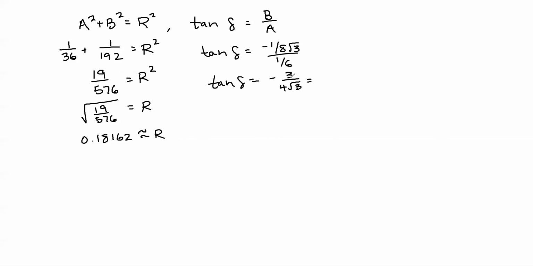And then you could even simplify it further. This is root 3 over 3, so this is negative root 3 over 4. And plug that into a calculator, and you should get delta equals negative 0.40864.